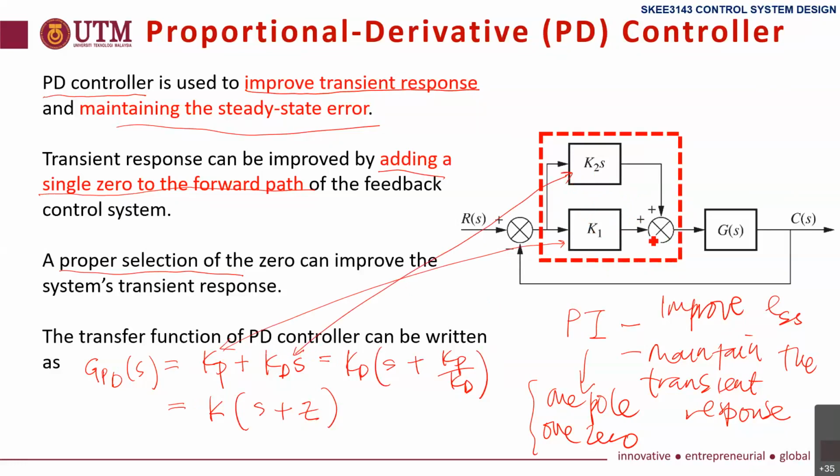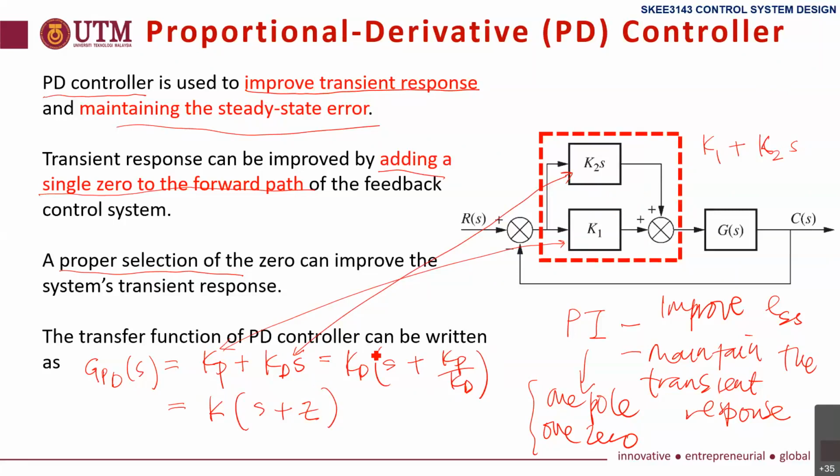Then a summer is used to add both signals from both blocks. So it will be the same. It will be K1 plus K2 S. Okay, it is KP plus KD S. This is PD controller.